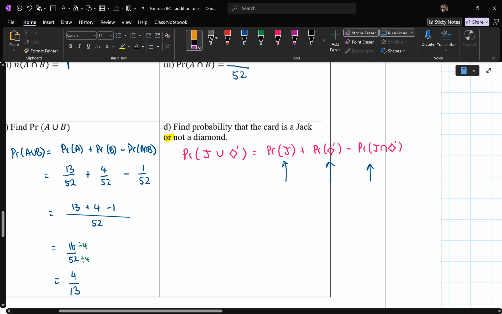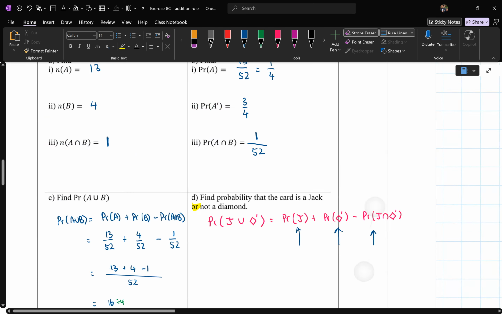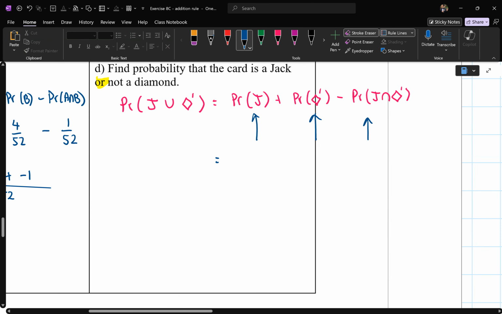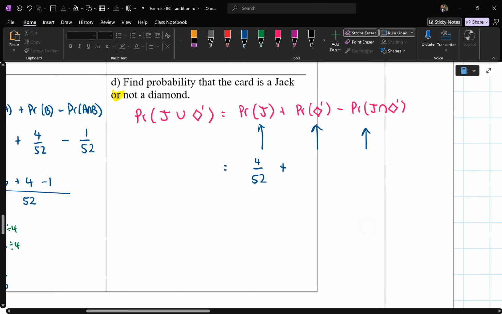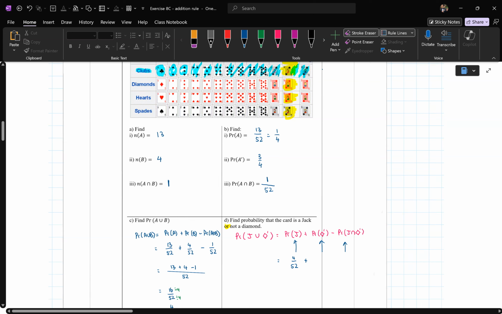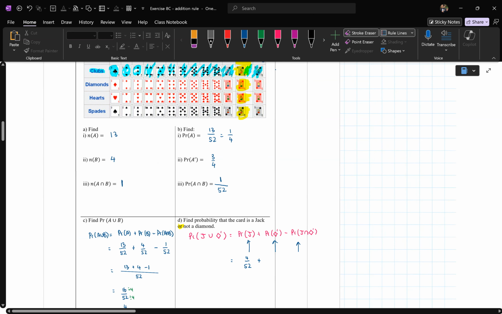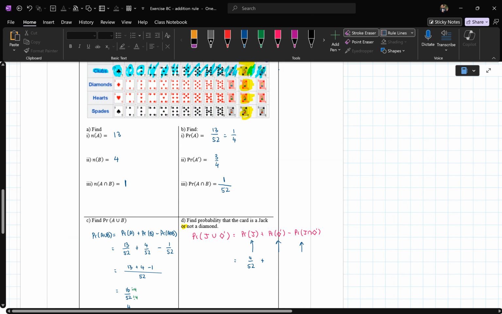Okay, now this one you'll need to figure out each individual probability first before you can actually find the answer. So probability of getting a jack, well, we know there's 4 jacks out of 52 cards, so that's 4 out of 52. Plus, now what's probability of not getting a diamond? Well, not getting a diamond is actually very similar to not getting a club, because diamonds, you got 13 of them there.